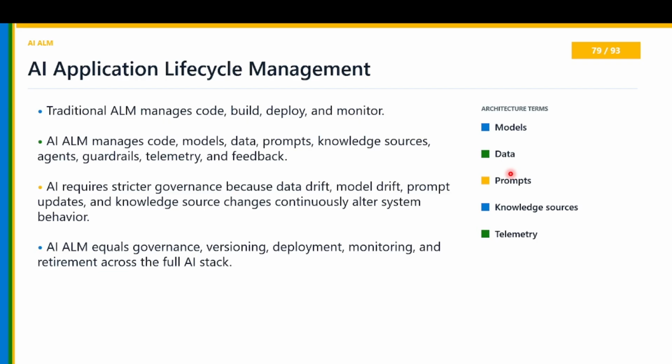AI application lifecycle management, ALM, is just overseeing the entire process of the agentic AI system from end to end, from design to deployment to operation, and then to usage. That's what we have been discussing from the beginning of this course.